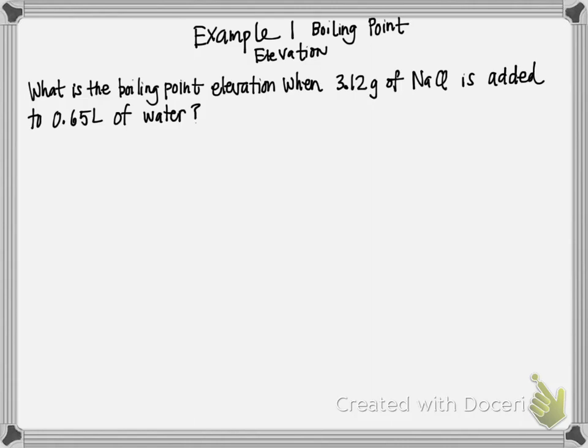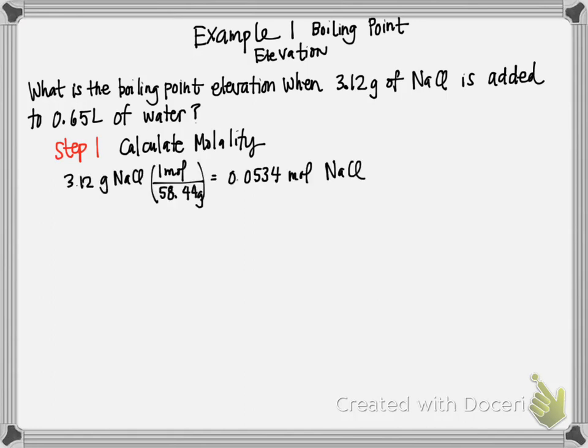So let's do an example of a boiling point elevation. What is the boiling point elevation when 3.12 grams of NaCl is added to 0.65 liters of water? So first step, calculate molality.